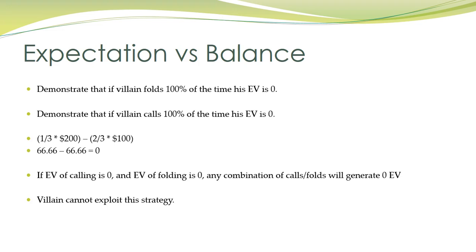Or if we imagine our opponent just never folded against our river bet, then we could simply increase our expectation by avoiding ever bluffing against someone who doesn't fold. So while in this situation there's nothing our opponent can do to exploit us, by following a balanced strategy we are not doing anything to actively exploit him. So in most cases, by using this strategy, we're not going to be generating our maximum expectation.